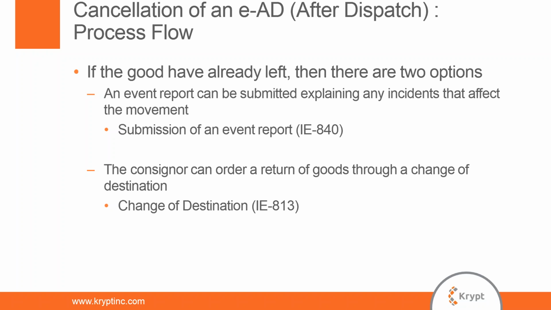The other reason could be that the consignee would like to return the product they have received back to the consignor. So in that case, a change of destination message ID can be triggered.